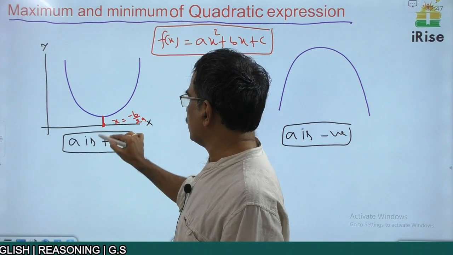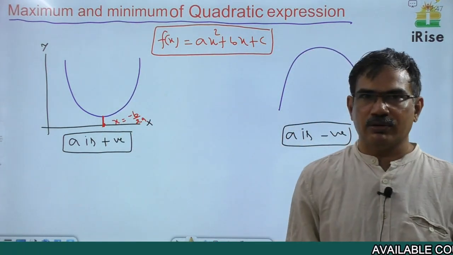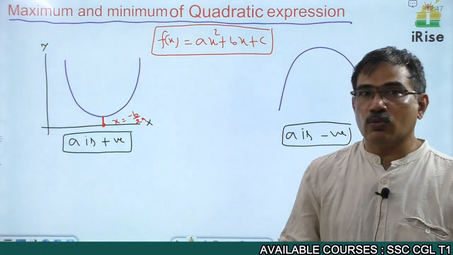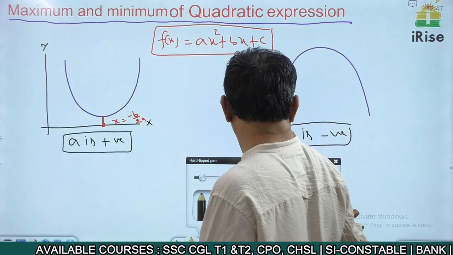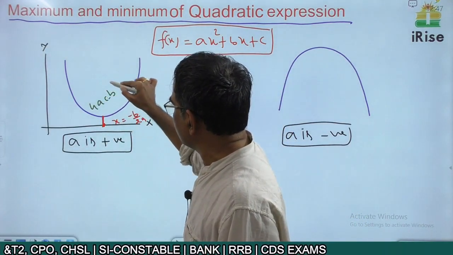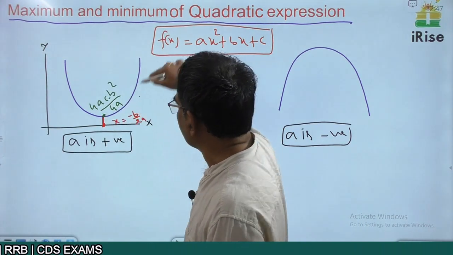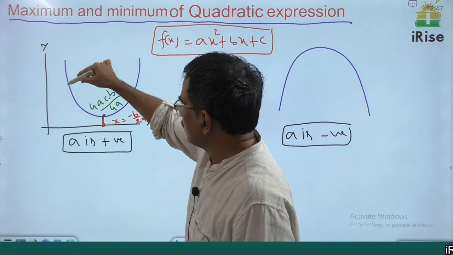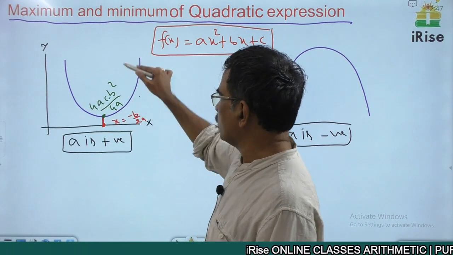At x equal to minus b by 2a, the curve has its minimum value. And what is the minimum value of the expression? The minimum value is 4ac minus b square by 4a. All the other values are greater than this value.